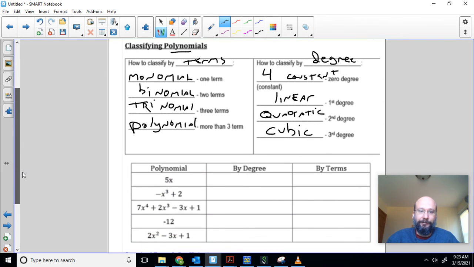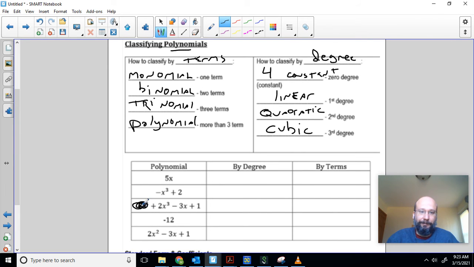We can do some examples real quick. We'll do these. This is your polynomial, and then you have to classify it by degree and by term. So this one, 5x, is just one term, so we call that a monomial because it's one term.